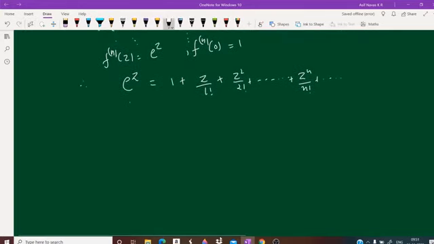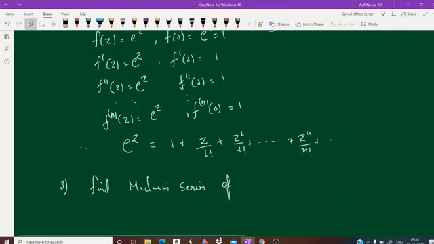Okay, so this is the Maclaurin series of e raised to z. Now if we want to find the radius of convergence, this is actually equal to sigma n equal to 0 to infinity z power n divided by n factorial.